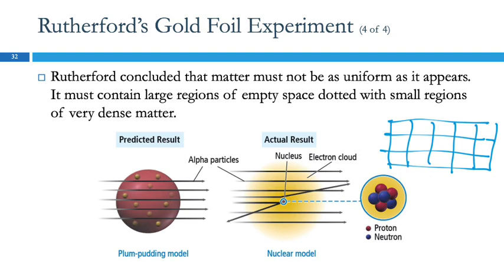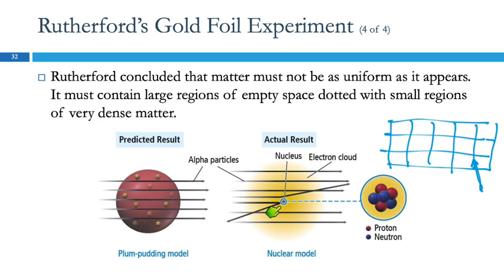Most of the particles are going to hit the holes and go straight through, right? But if your airsoft pellet hits the string, it's going to bounce back. Okay, so this is not uniform. There's string that's dense, and then there's empty nothing in between. So that's kind of the idea.